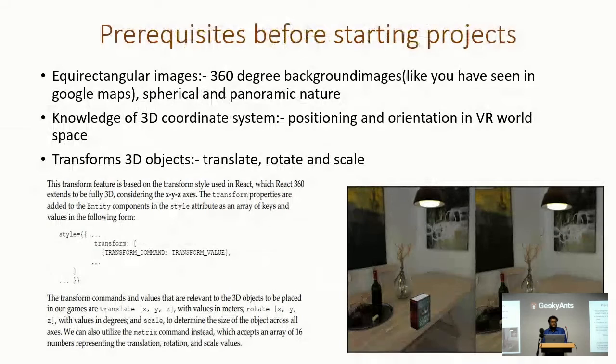Then you need the knowledge of the 3D coordinate system, the three axes, X, Y, and Z, and the different kinds of movements on these axes: translate, the linear motion in x, y, and z axes, then rotation on the basis of each axis, and also the objects used in React 360 applications can be scaled, so the dimension can be increased or decreased.